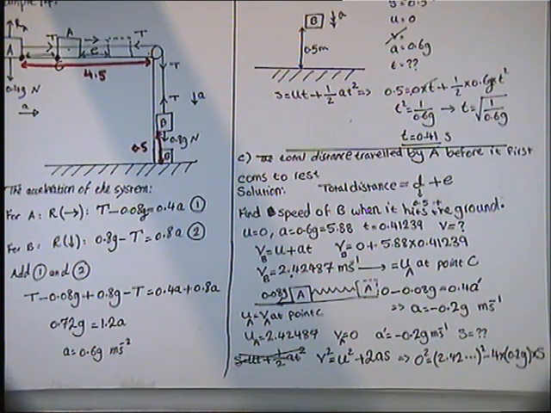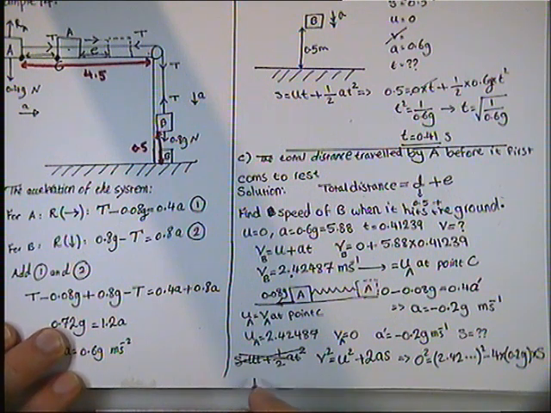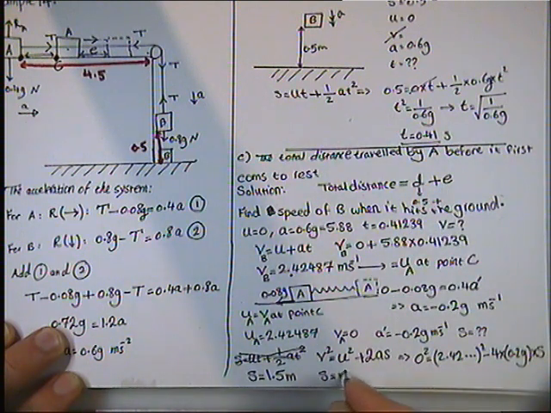If we rearrange this equation for s, which I leave for you to do yourself, s is equal to 1.5 meters, which is the same as E from our previous formula, 1.5.